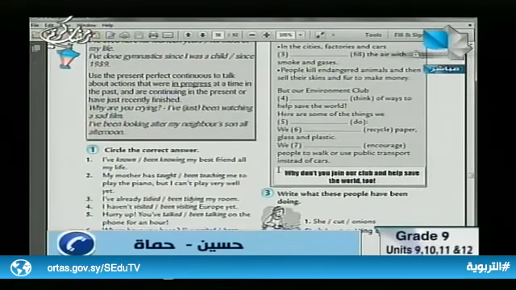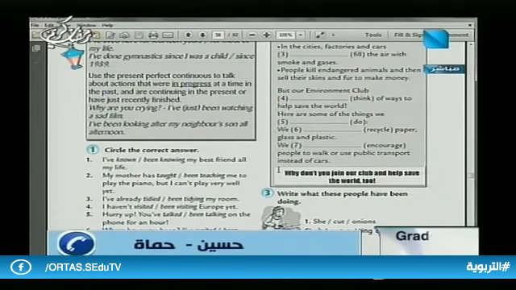What is your question? You want us to do the exercise, or you want to ask about something specific? Number 1, for example, the verb "know". When do we use present perfect or present perfect continuous?